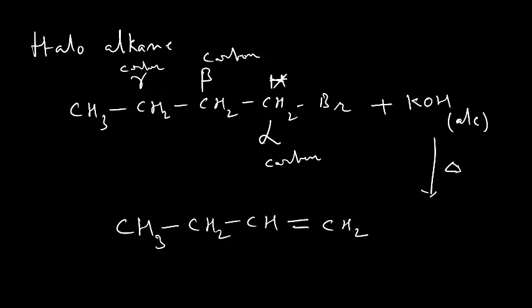Here hydrogen is removed from the beta carbon, therefore this reaction is also referred to as beta elimination. So dehydrohalogenation in haloalkanes takes place as beta elimination. Beta elimination is nothing but removal of the bromine atom from the alpha carbon and hydrogen from the beta carbon as hydrogen bromide or hydrogen halide.